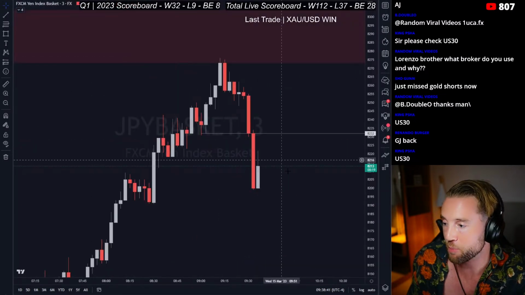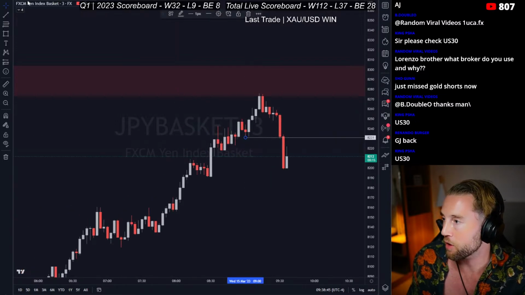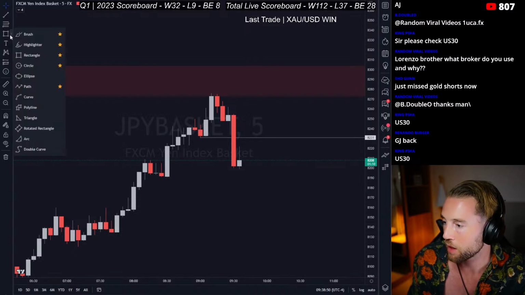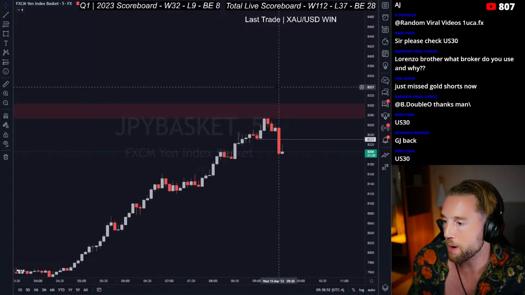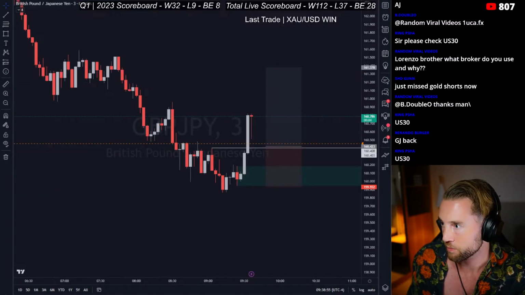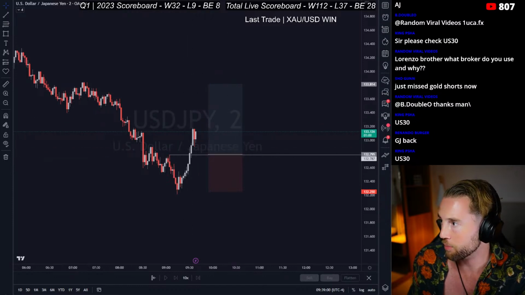Yeah, the yen has broken clear structure right here. This was very important. On the 5 minute, this was a clear low. Super clear low. It's time for the yen to make a pullback after tapping into that zone. Dollar yen is super appealing and super interesting as well here.